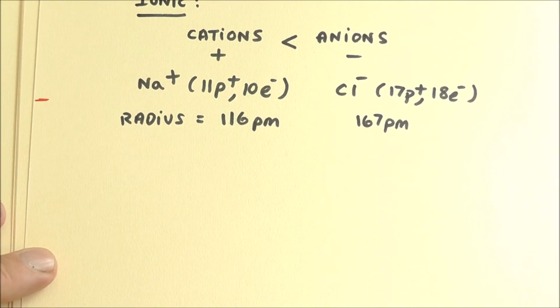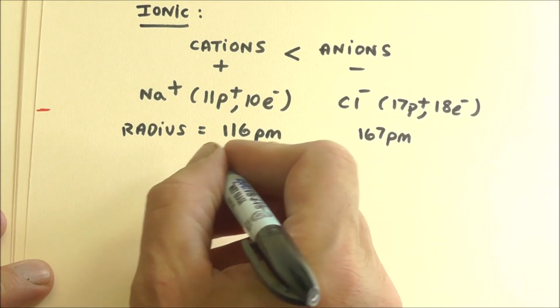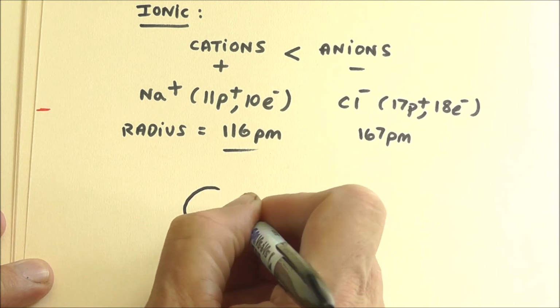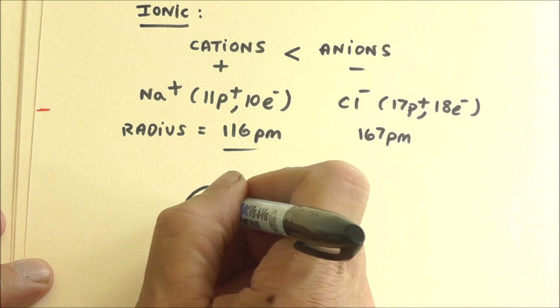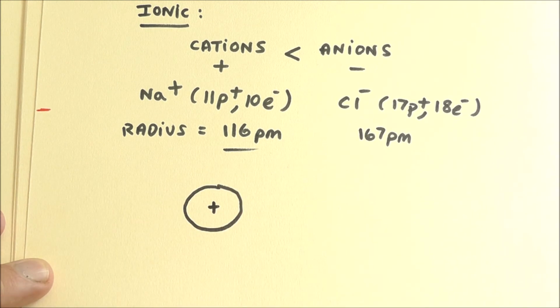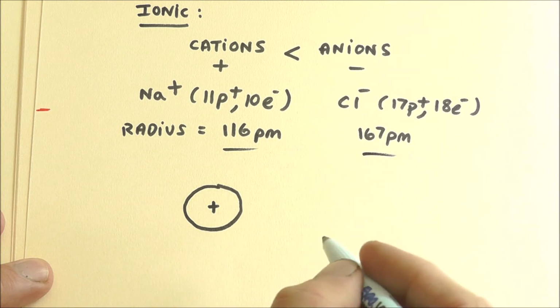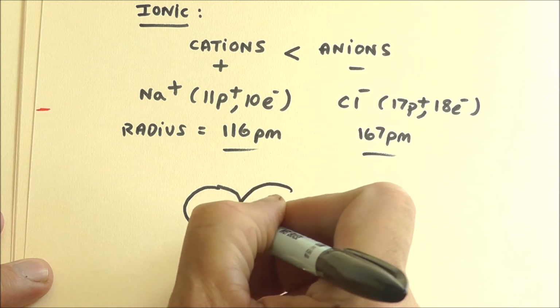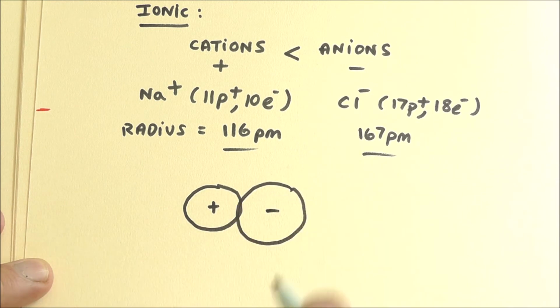So I'm going to take sodium chloride, and we're going to make a picture of it. They're circles, they're spheres, right? And what you got is you got a positive charge there in the nucleus. Let's make something that is slightly bigger. So that would be like sodium chloride.